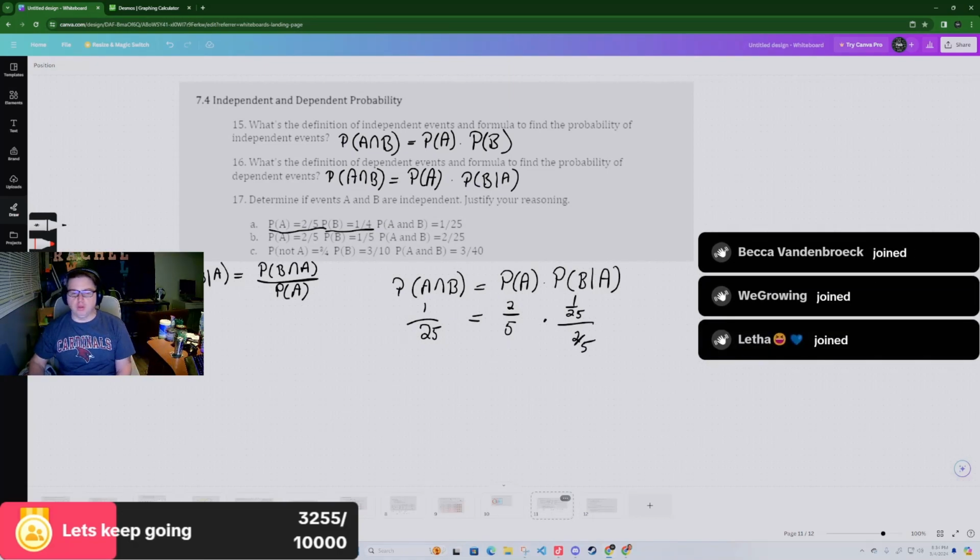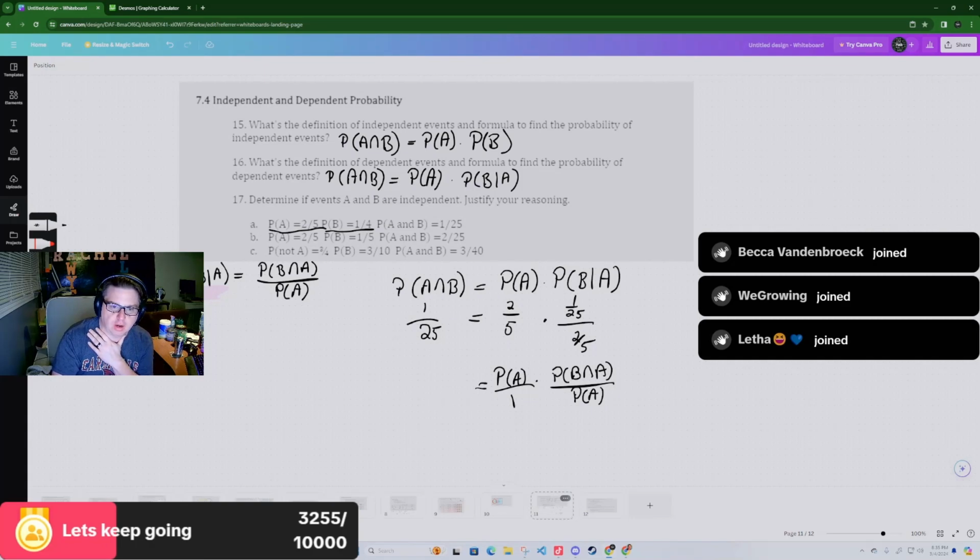Well, if we looked at this in a different scenario, and if we talked about just the probability of A times, and let's go back to this one right here, what is that? It's the probability of B and A over the probability of A. What happens to the probability of A's on the top and bottom?